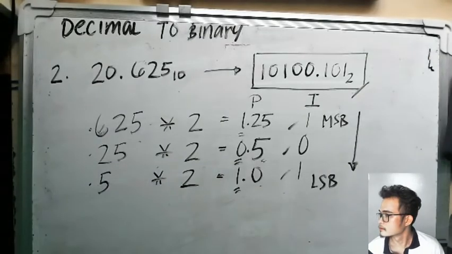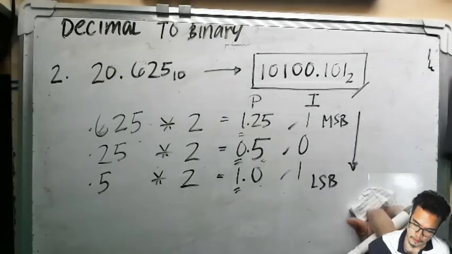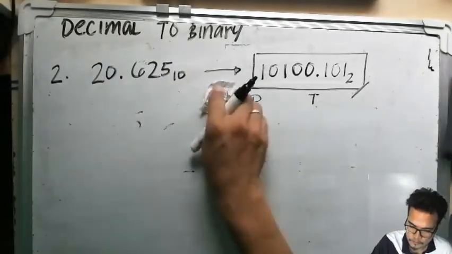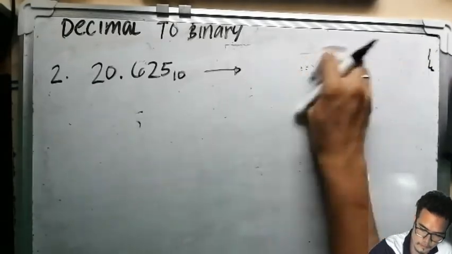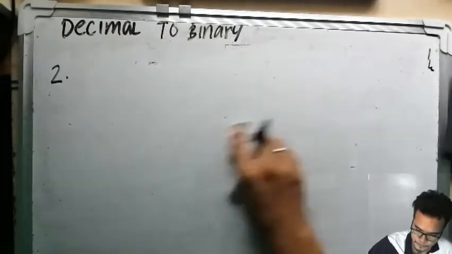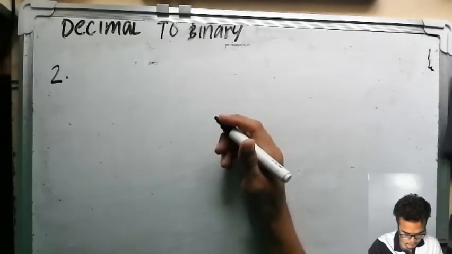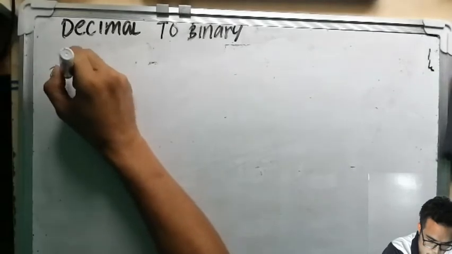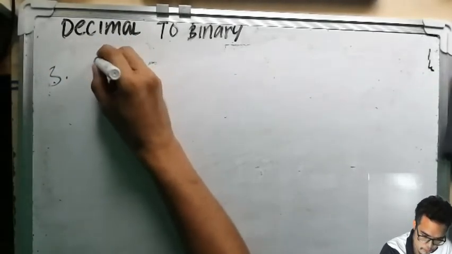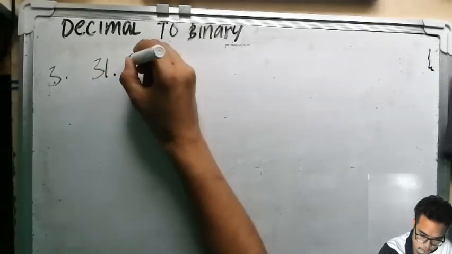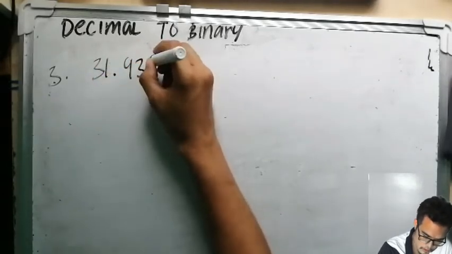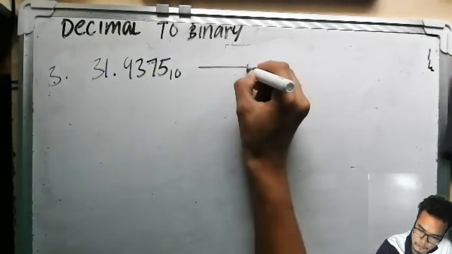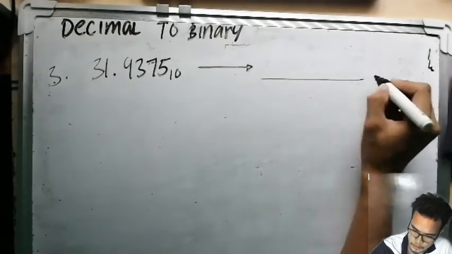Next example, number 3: 31.9375 decimal to binary equivalent.